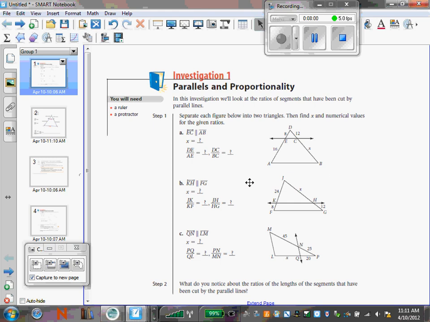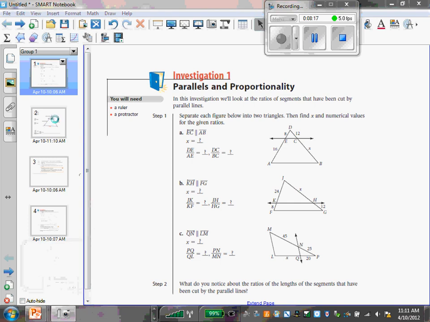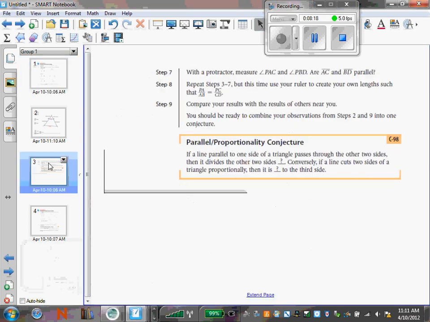So what I'd like for you to do now is figure out what this ratio is and fill in where these question marks are. So solve for X, solve for this ratio, solve for that ratio, and do parts B and C as well. And then I would like for you to fill in this conjecture where the question marks are with what you think would be the correct answer.